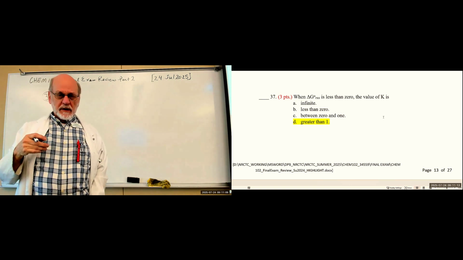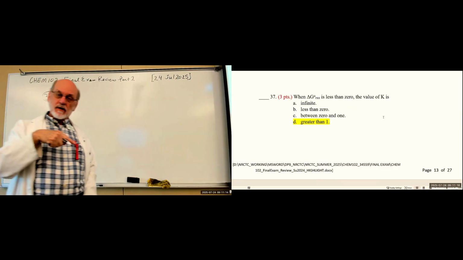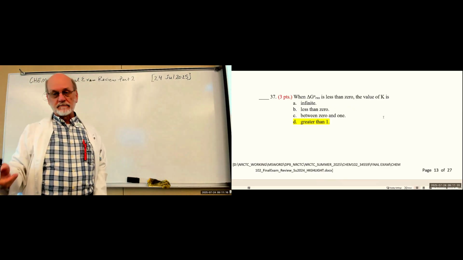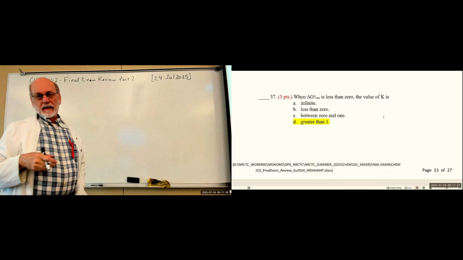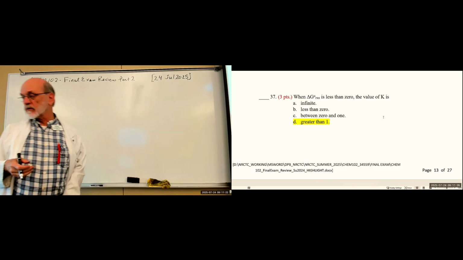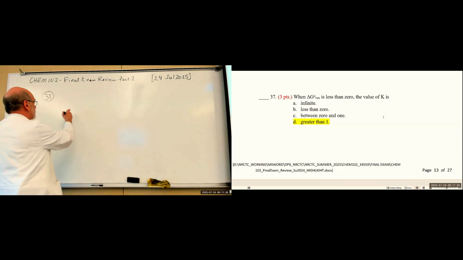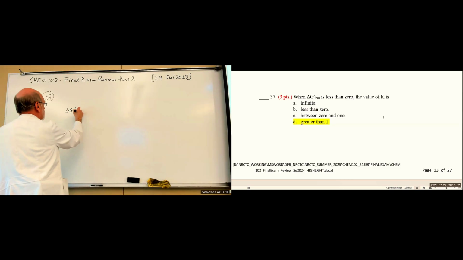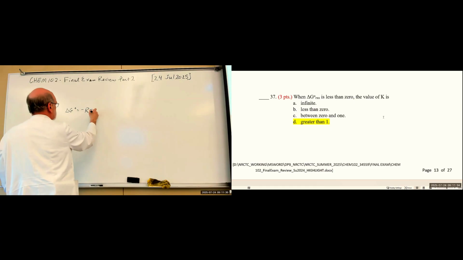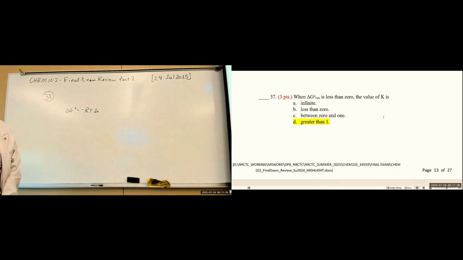When delta G zero for a reaction is less than 0, the value of K is what? Well, you might have this one memorized, or you may want to go to the formula. Delta G zero equals minus RT log. Is that natural log?